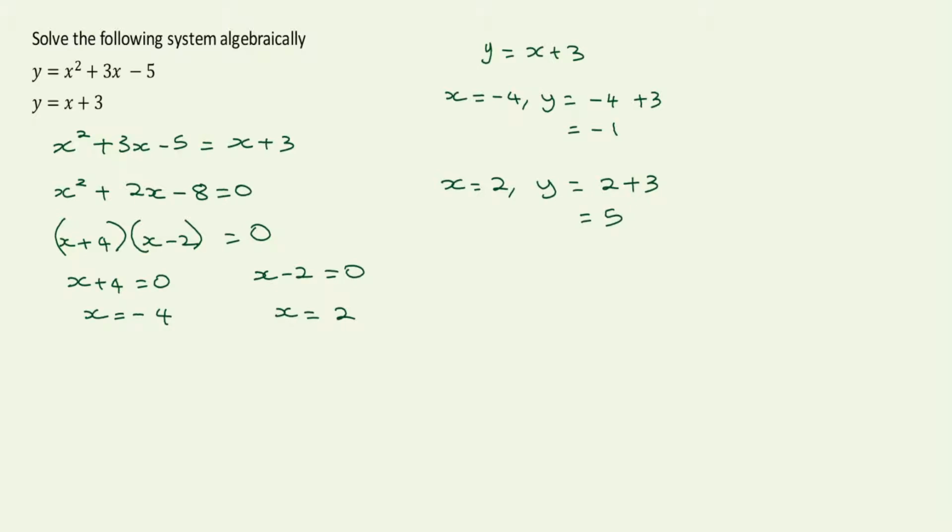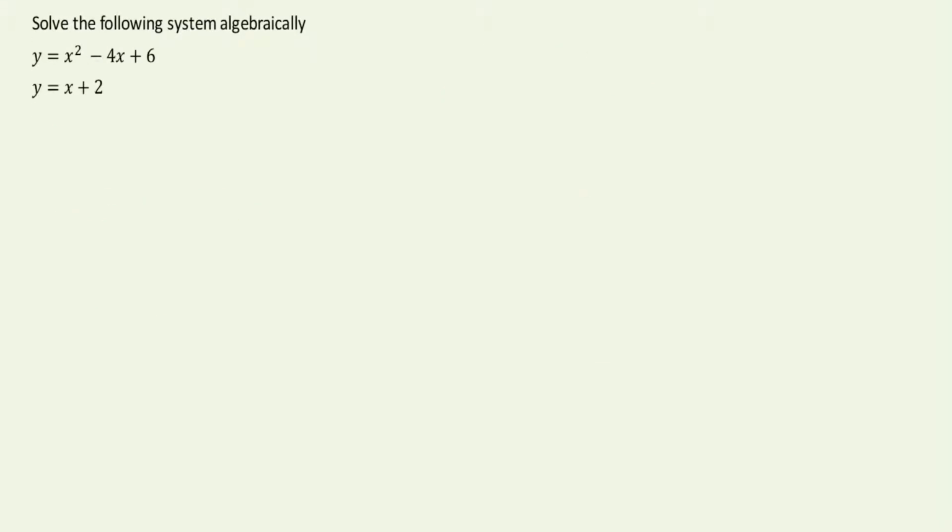So we have two solutions to the system: negative 4, negative 1, and also 2, 5. So this is the solution to the system. Let's take a stab at another example.